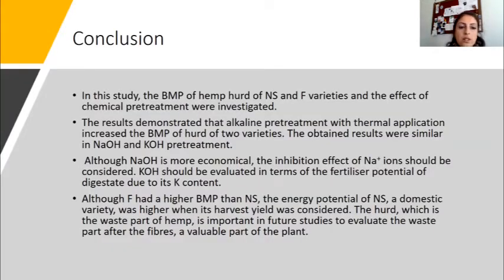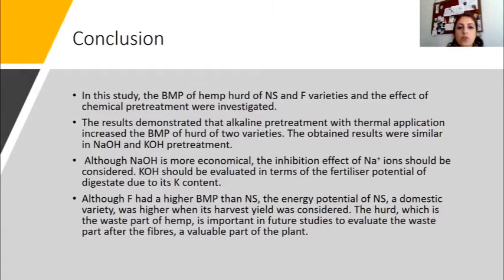As a conclusion, in this study, the BMP of hemp hurd of Narlisarai and Futura varieties and the effect of chemical pretreatments were investigated. The results demonstrate that alkaline pretreatment with thermal application increased the BMP of hurd of 2 varieties.